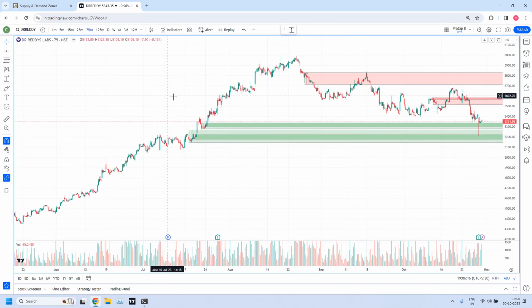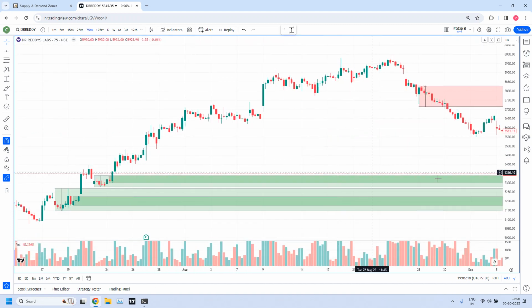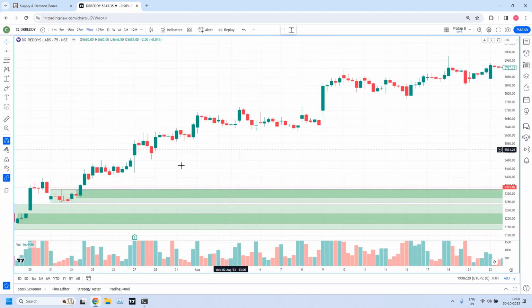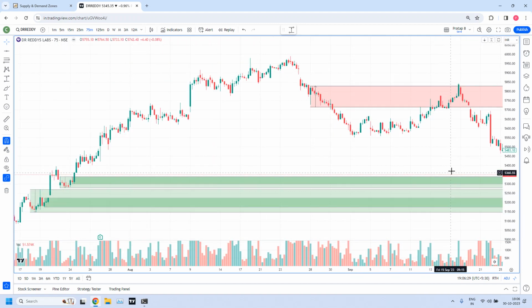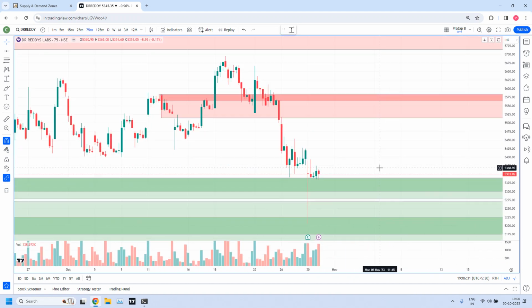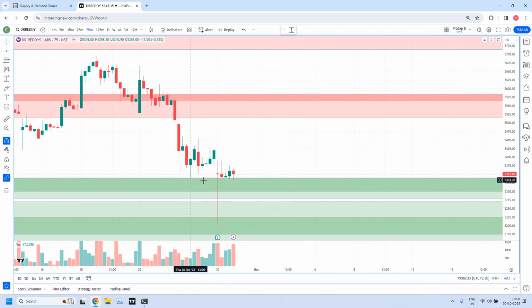Previously, we fine-tuned the zone at the 75 minutes level. Because it's a small zone, there is only one 75 minutes demand zone inside this, and previously it was tested. Here we got a test.